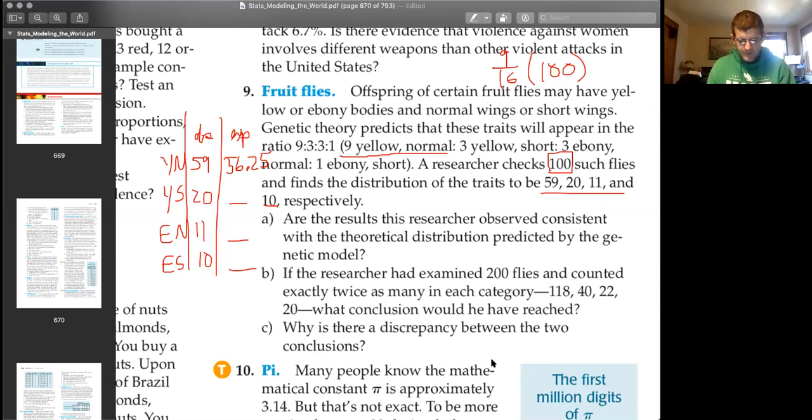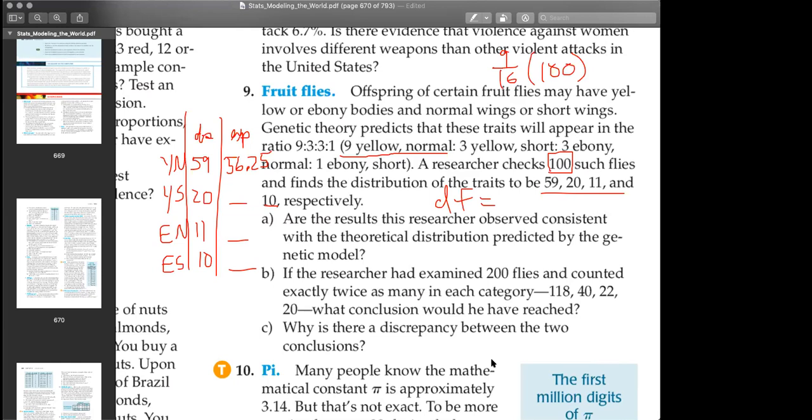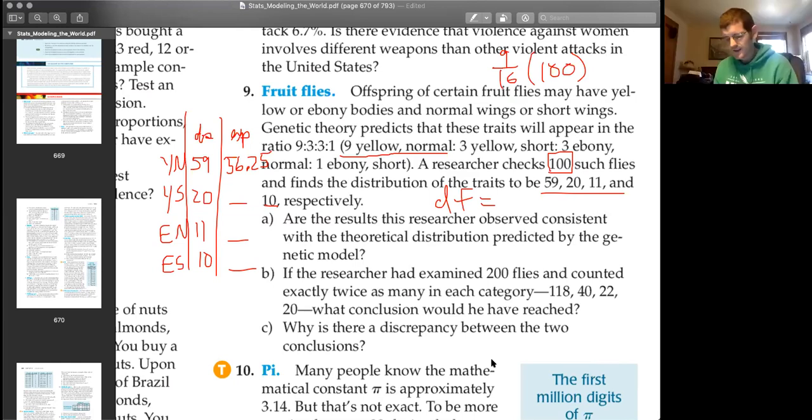Now, what's our degrees of freedom for this problem? Not 99. It's a good guess.